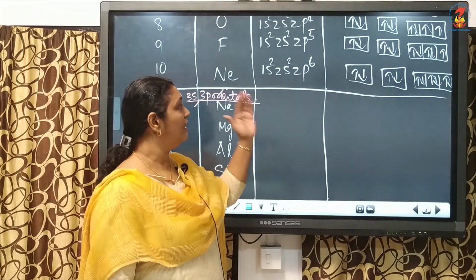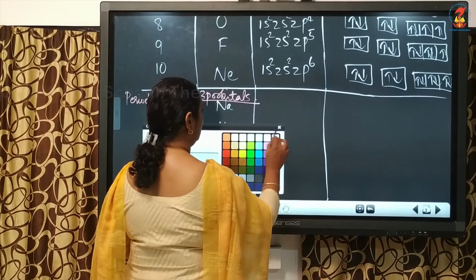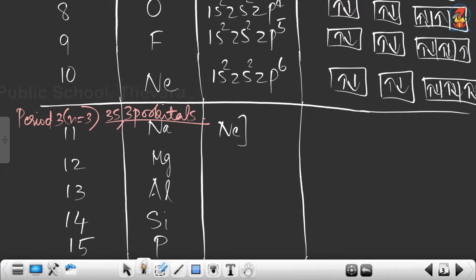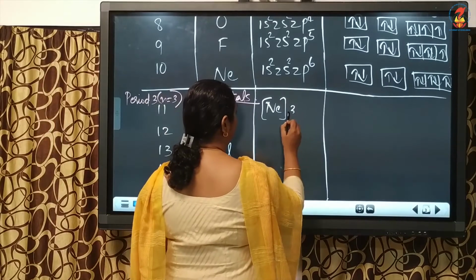So instead of writing from 1s, we write neon in square brackets. We know the configuration of neon, 1s2, 2s2, 2p6. The next electron enters the 3s orbital in sodium, so we write neon 3s1.